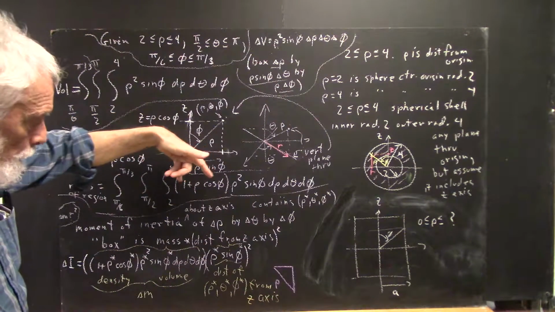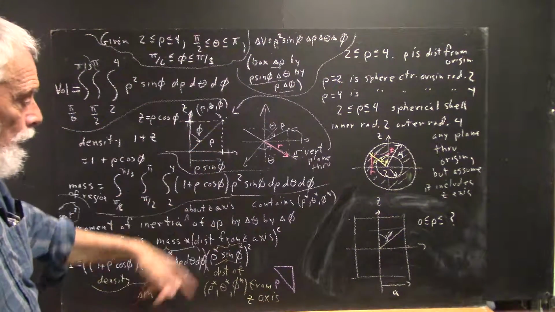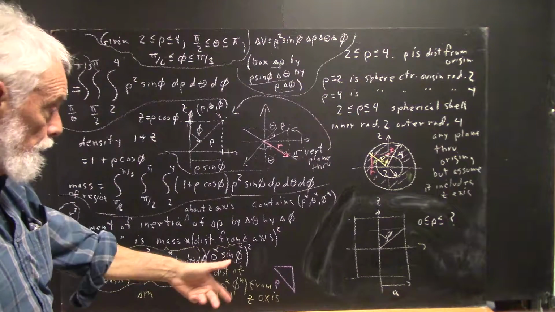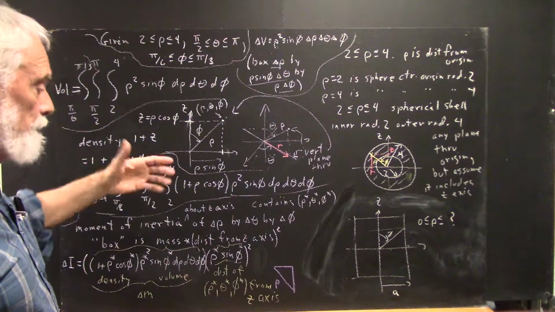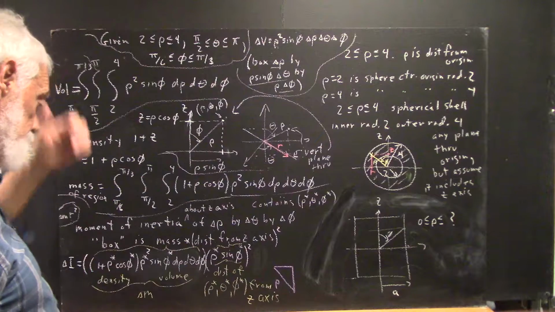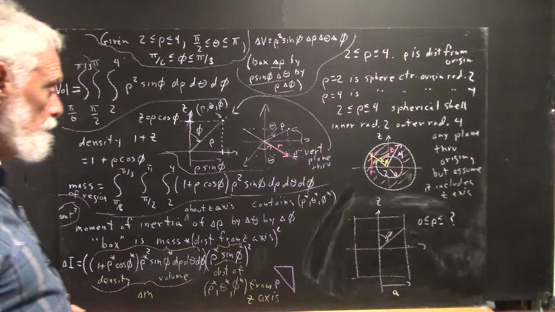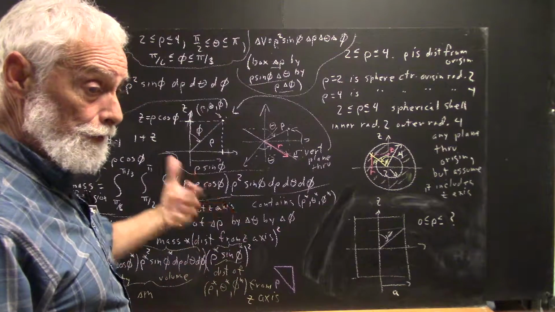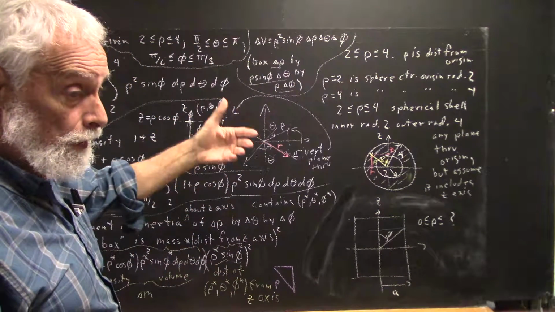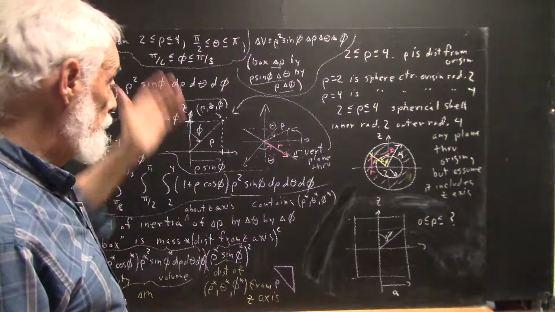If you then multiply that by the square of the distance of your typical point from the z-axis, you get the moment of inertia. And let me just comment, it should be clear why rho sine phi is the distance of the point rho theta phi from the z-axis.